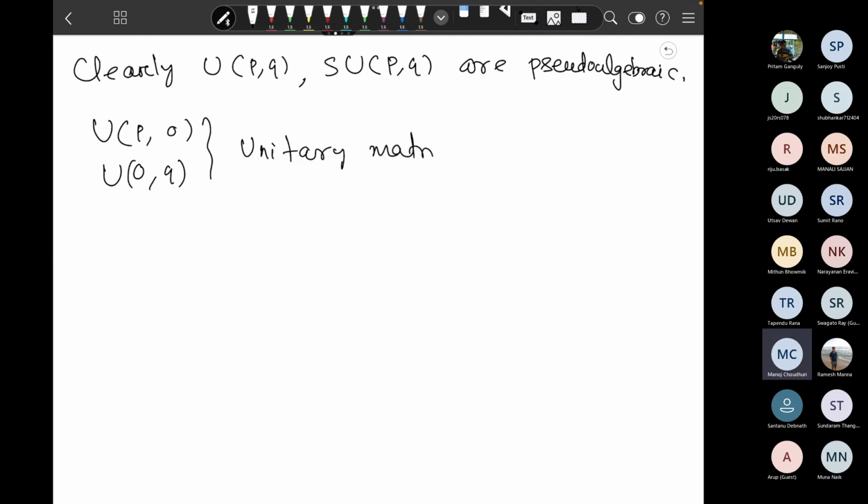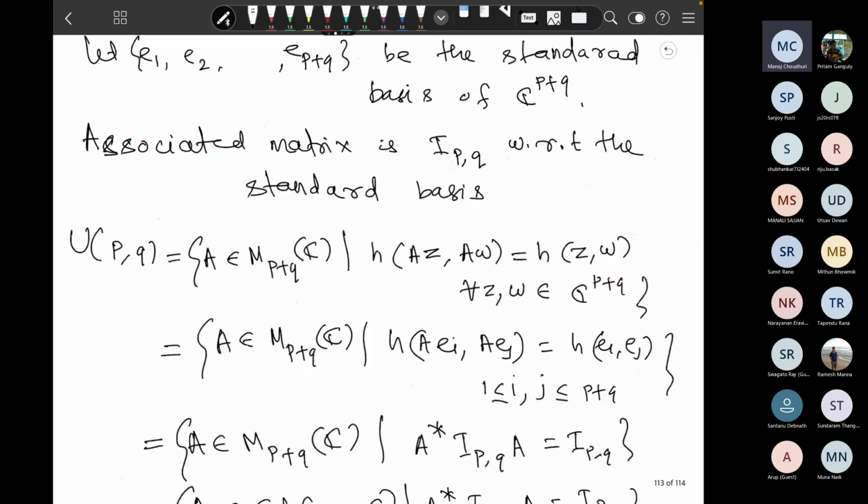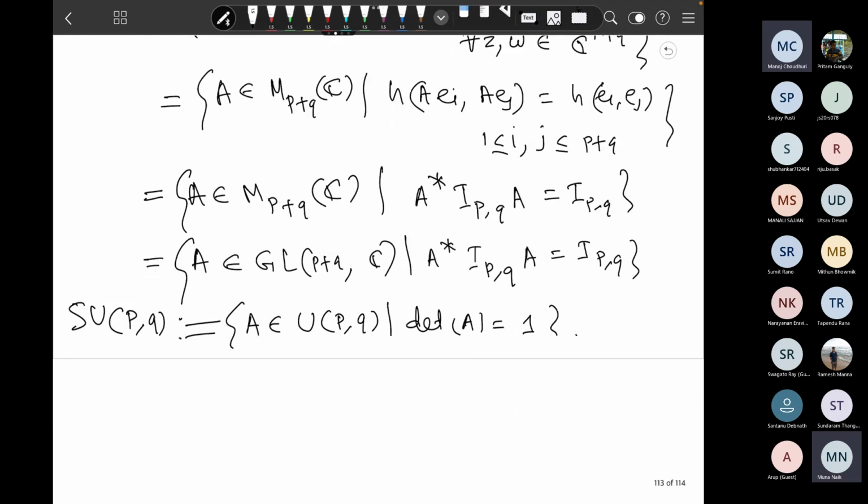I have a quick question. Whatever pseudo-algebraic groups we have seen so far, I think the coefficients of the polynomials by which they are defined are real, right? No, that may be complex. Actually, you asked this question yourself. They may be complex. No, I'm not saying that.